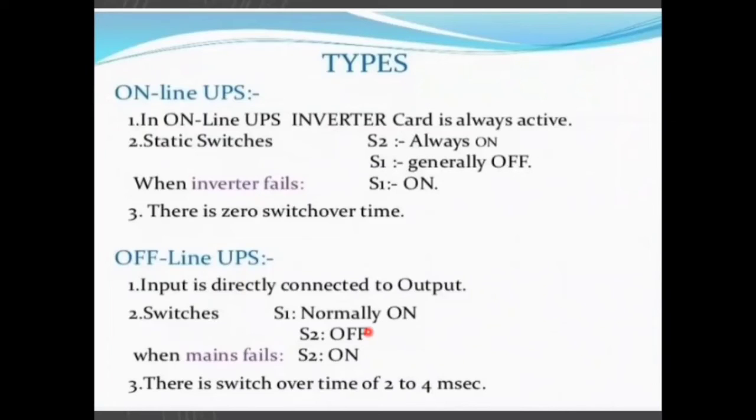Then when the AC main supply is not available, the inverter is automatically on. Then it feeds power to the load from the battery through the static switch. That switch takes around 2 to 4 milliseconds to connect the load to the inverter.